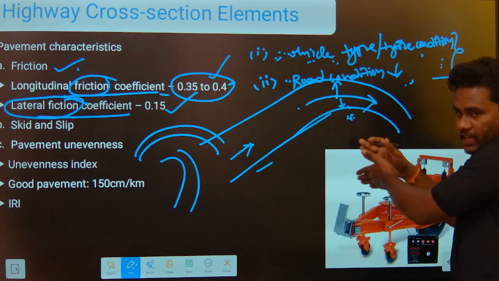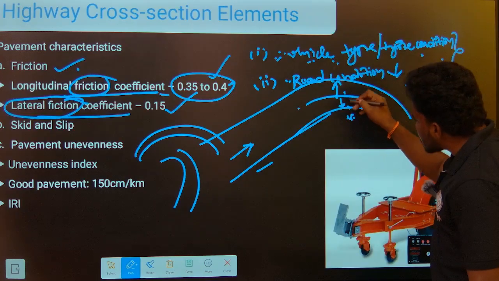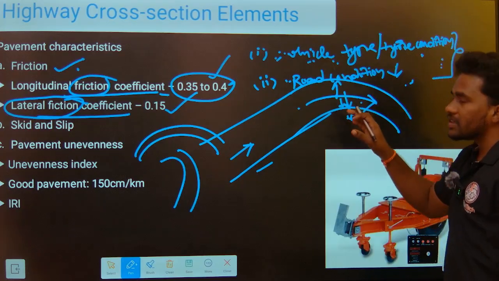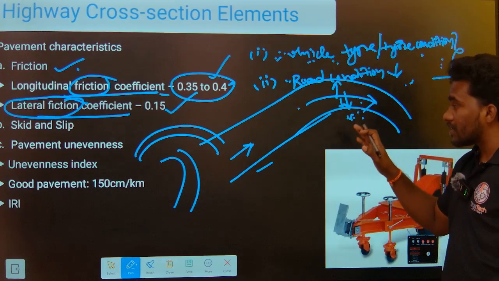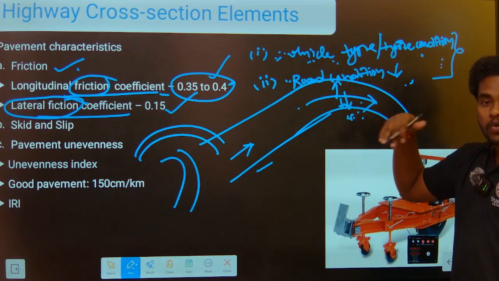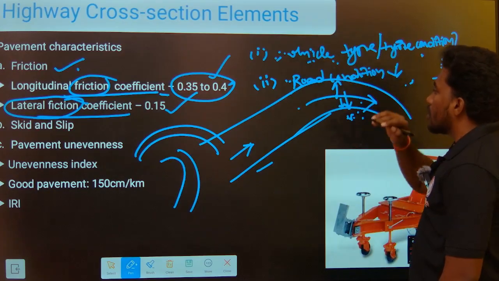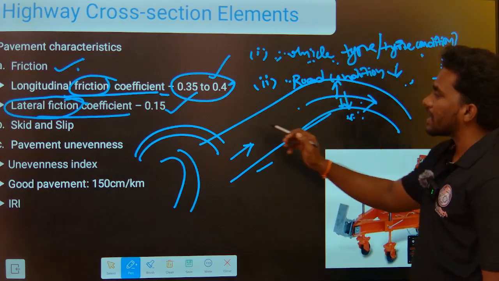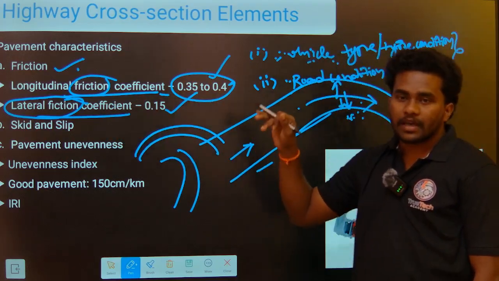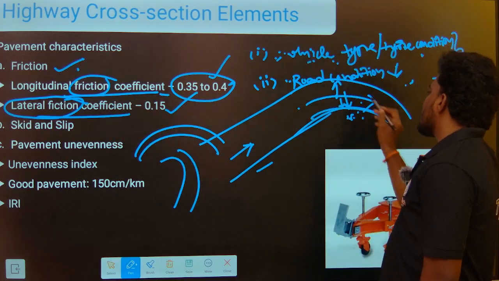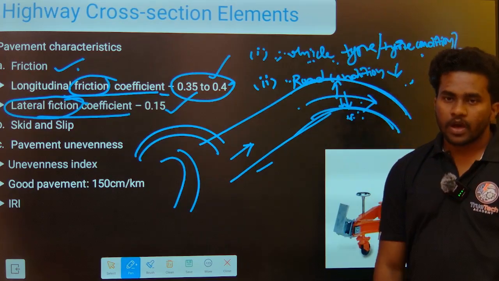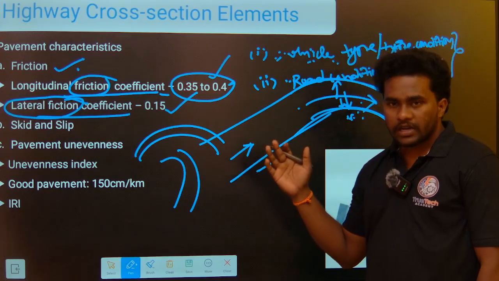So along this transverse direction of the road, a friction coefficient is developed to counteract that centrifugal force. So this is the lateral friction coming in the design of these curves, horizontal alignment or horizontal curve.